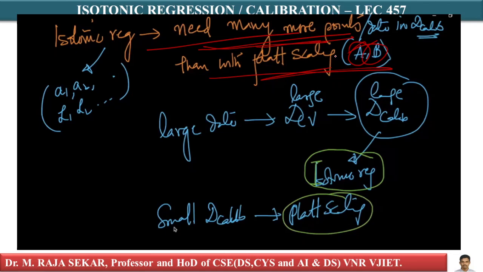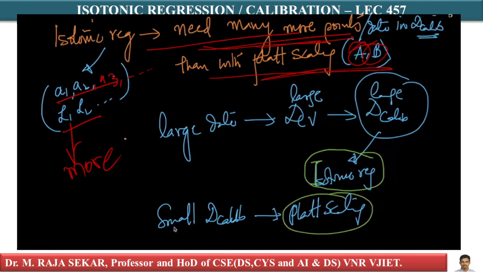In isotonic regression, we have thresholds A1, A2, A3, and so on, and each of these lines L1, L2. So you have more parameters to estimate, which means you need more data, more points in the calibration set.